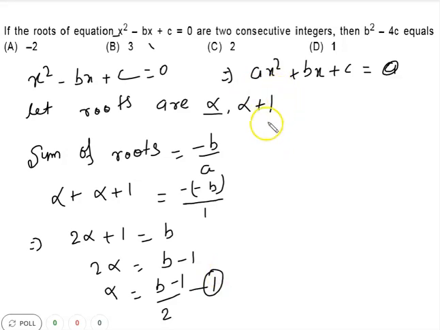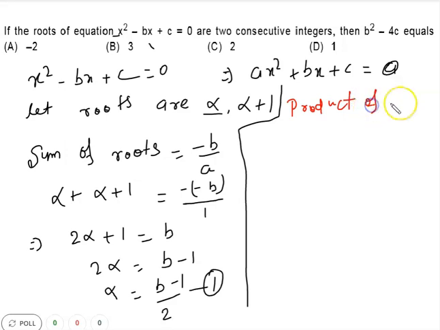And according to the second nature of the roots, guys, we know that the product of roots equals constant by a, product of roots equal to c by a, right?